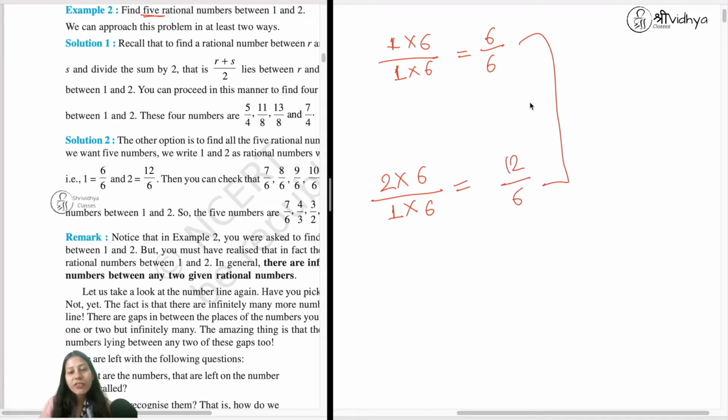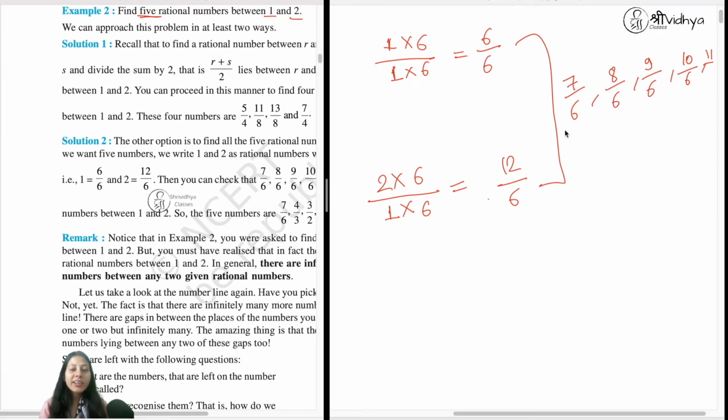Now after that you can write 5 rational numbers between them: 7 by 6, 8 by 6, 9 by 6, 10 by 6 and 11 by 6. This is how you can write as many rational numbers as you want. Also, whenever you have two integers, you can write rational numbers directly without any calculation. Like between 1 and 2 you can write 1.1, 1.2, 1.3, 1.4, 1.5 and so on.